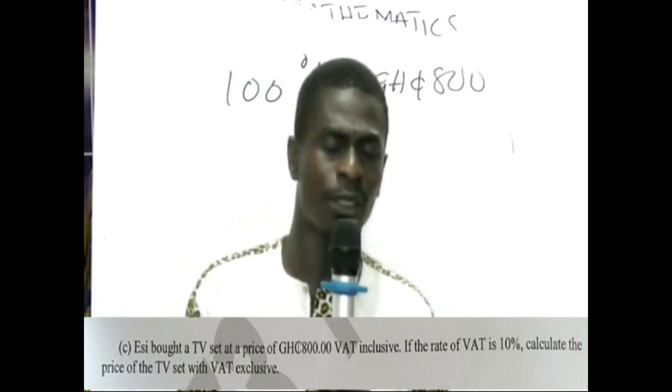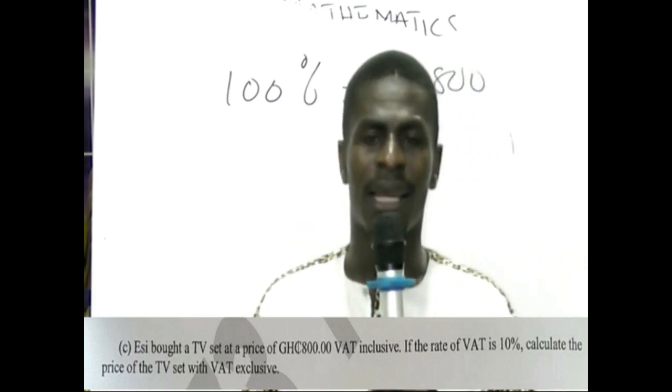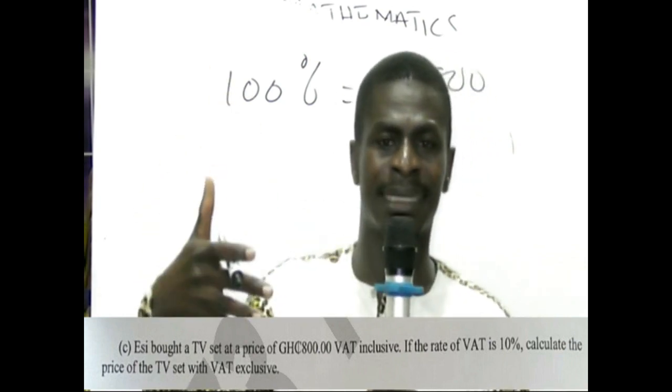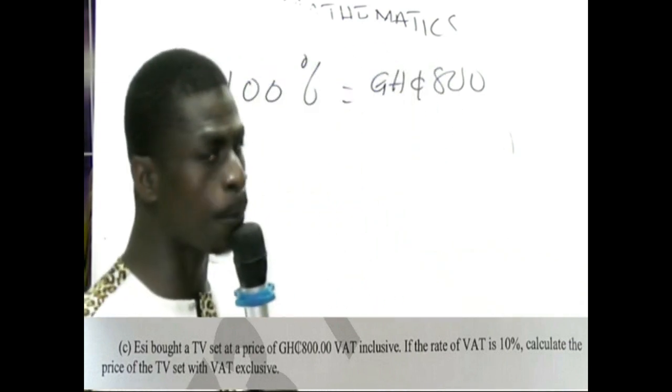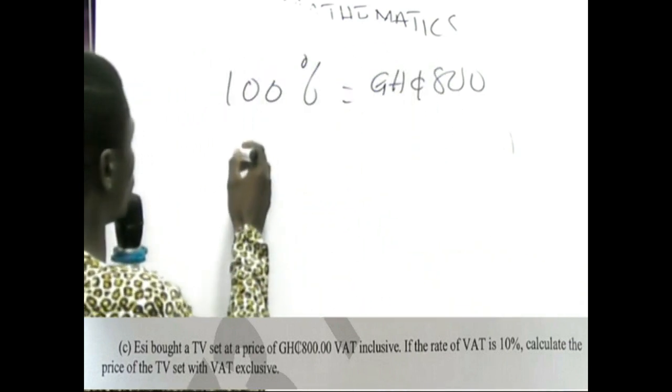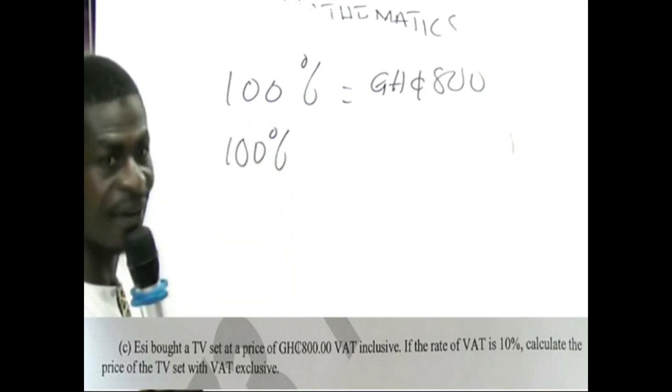But we are asked to find the selling price, and the selling price is the one that includes the VAT. And so the selling price is going to be 100% plus VAT.